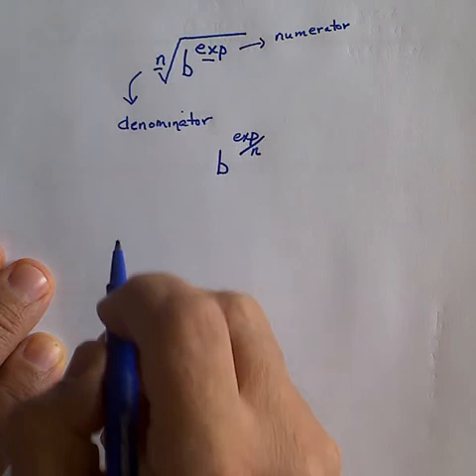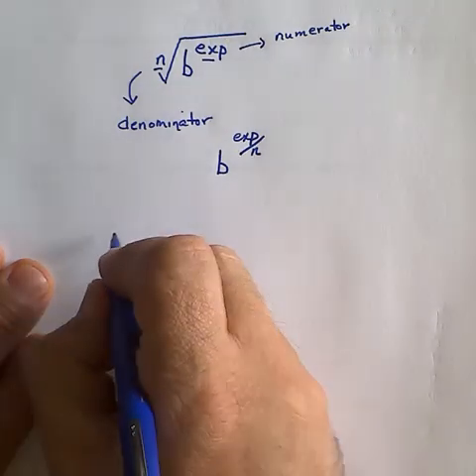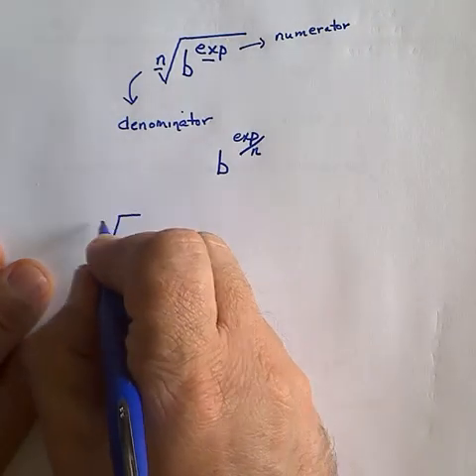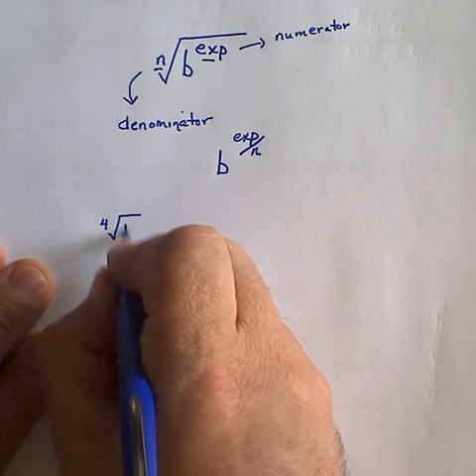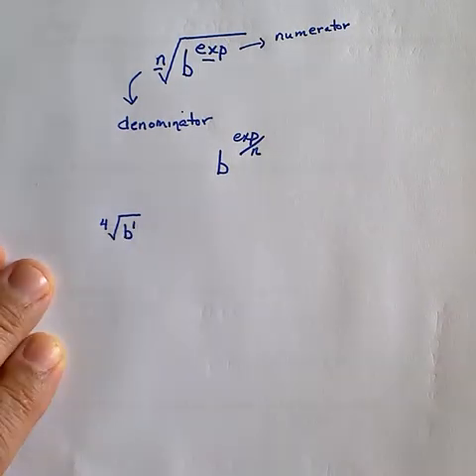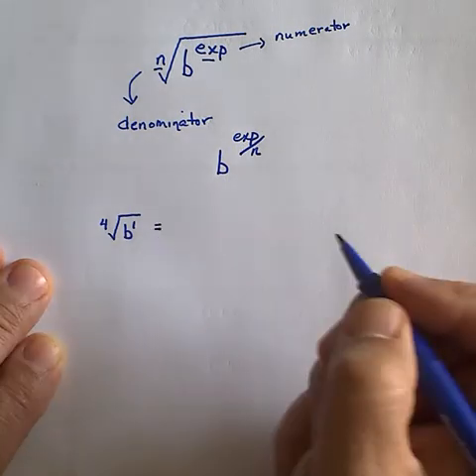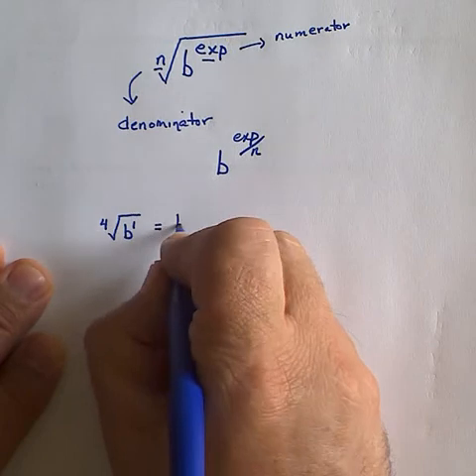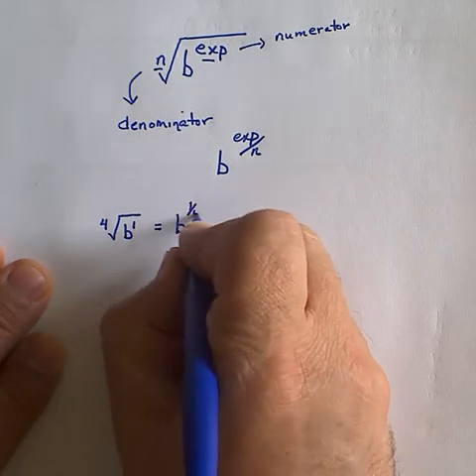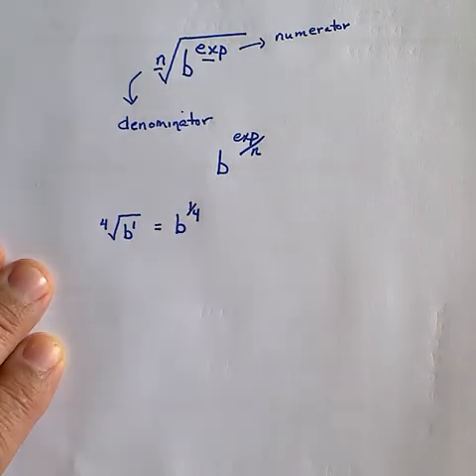So if I have the fourth root of b to the first power, the numerator is my exponent, the denominator is my index. So this becomes b to the 1/4 power, written in the same manner.